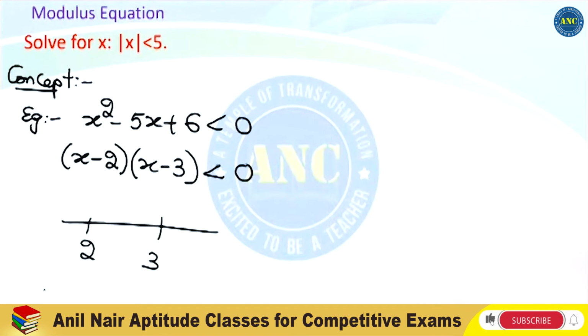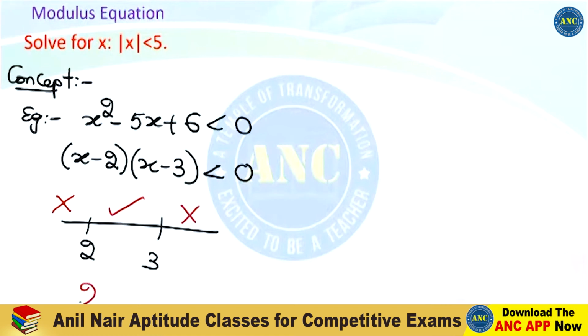Take a point less than 2. 0 is convenient. 0 minus 2 into 0 minus 3 is 6. Is 6 less than 0? 6 is not less than 0. So cross mark. Descartes said that if one region is not satisfying, another region will satisfy. So it is nothing but 2 less than x less than 3.